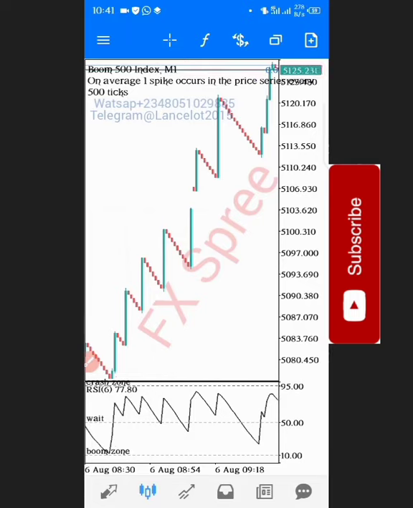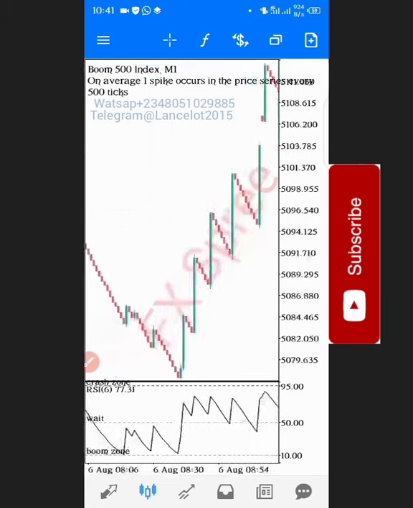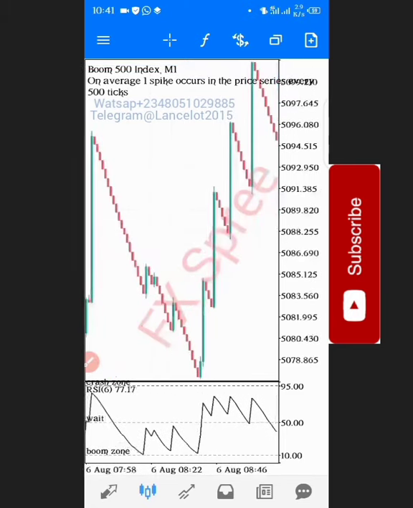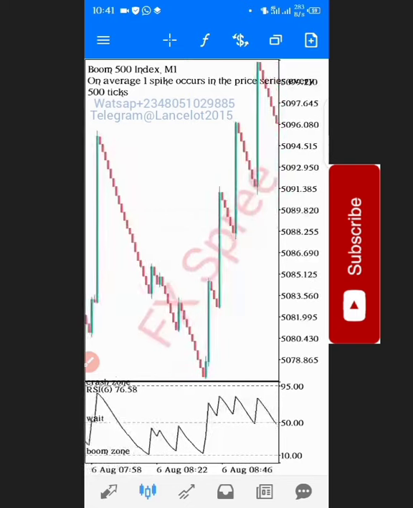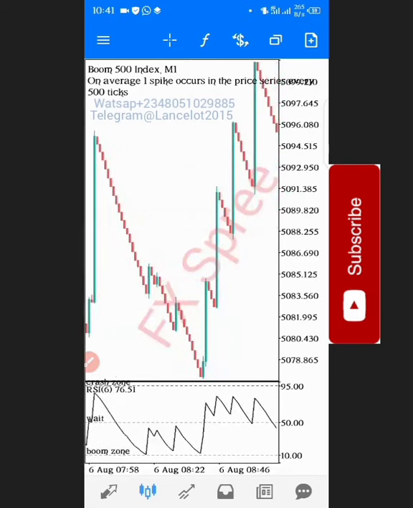Okay, see money. This is serious money. Look at it right from level 10. You see, I'm moving it and it's still remaining small. So look at the points there.